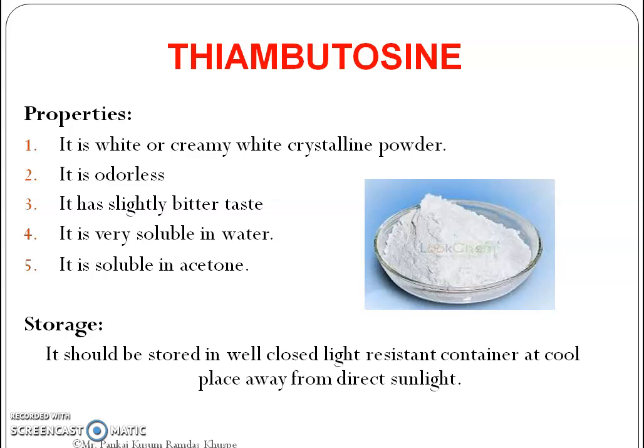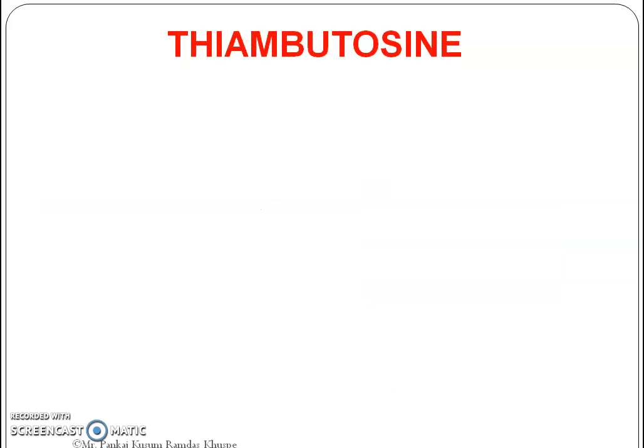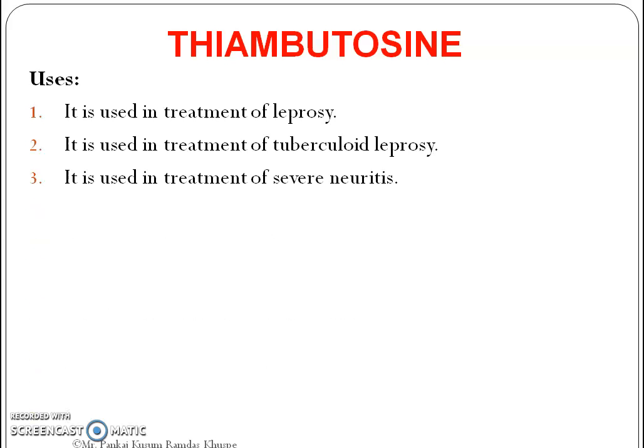The storage of thiambutosine is in a well closed light resistant container at a cool place away from direct sunlight. The reason is again the same: thiambutosine is light sensitive. That's why, to protect thiambutosine from degradation, we keep it in a light resistant container.